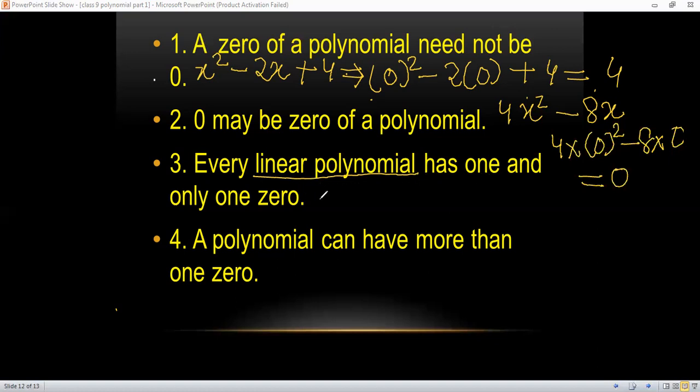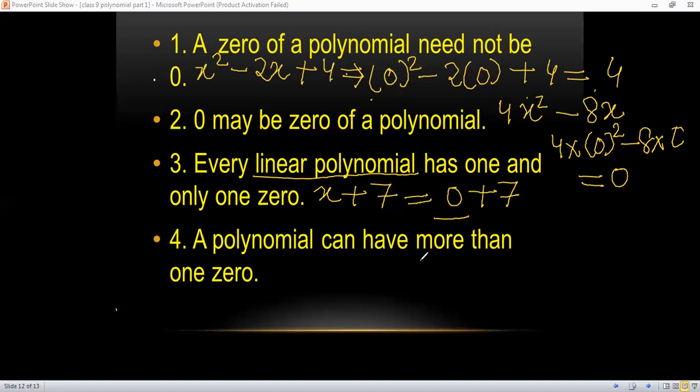For example, if I take x plus 7, and put 0 at the place of x, what will I get? 0 plus 7, so 7. So it has one and only one zero.